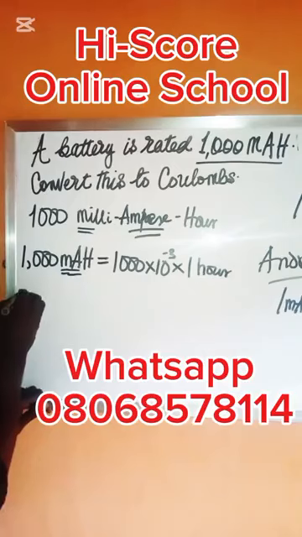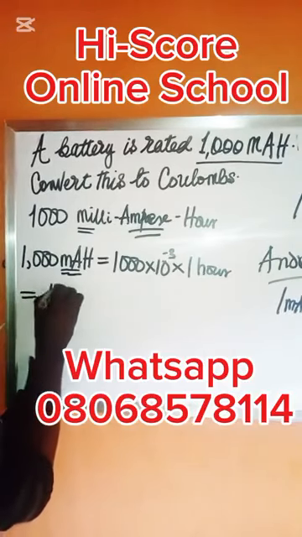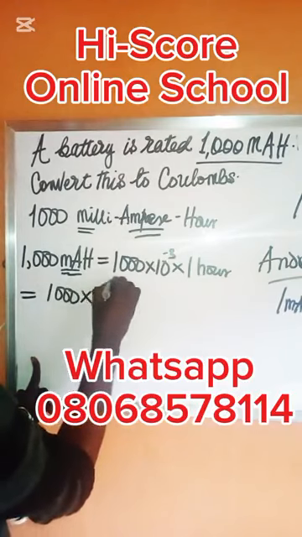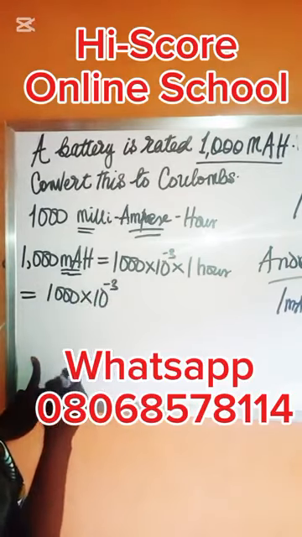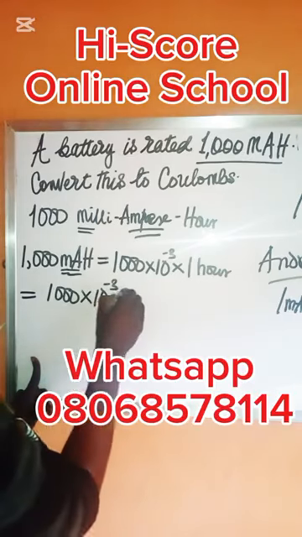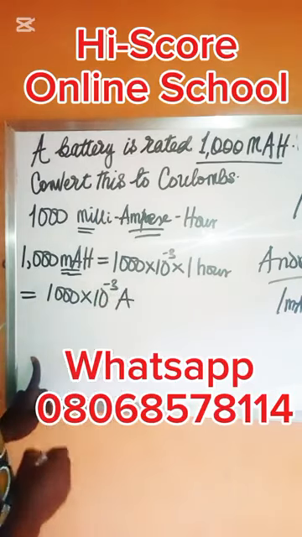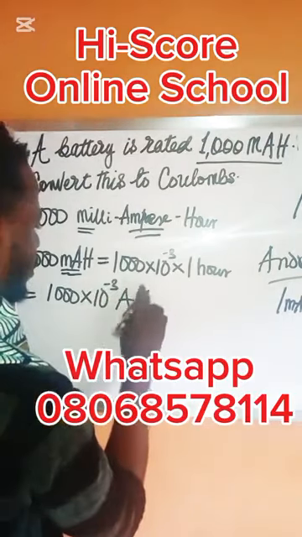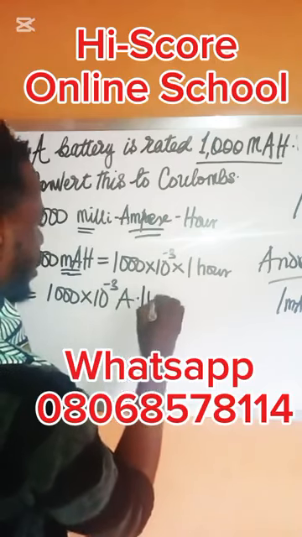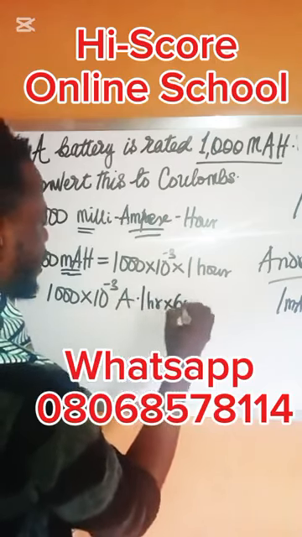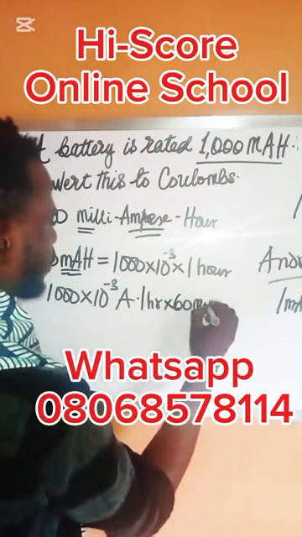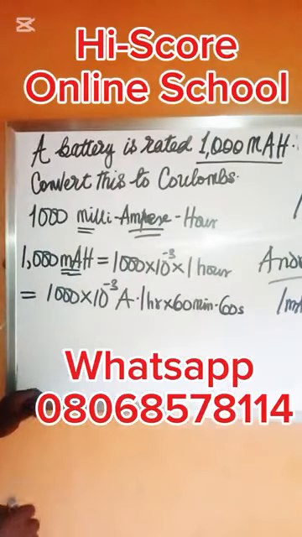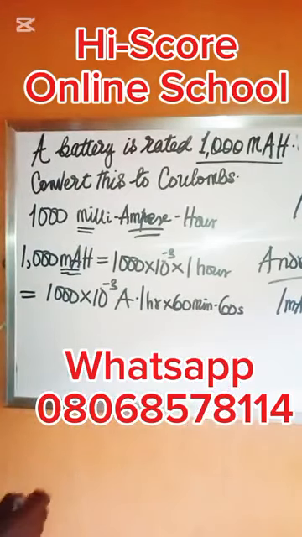That is equivalent to 1000 times 10 to the power minus 3 amperes, multiplied by 1 hour, multiplied by 60 minutes, multiplied by 60 seconds.